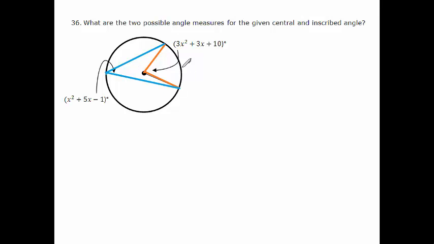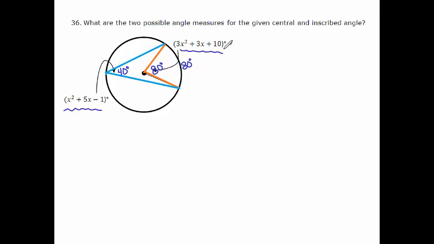So just in general, if this arc measure was 80 degrees, that means this angle measure would be 80 degrees, but the inscribed angle measure would be half of it. It would be 40 degrees. So that tells me that two of these equals one of these.